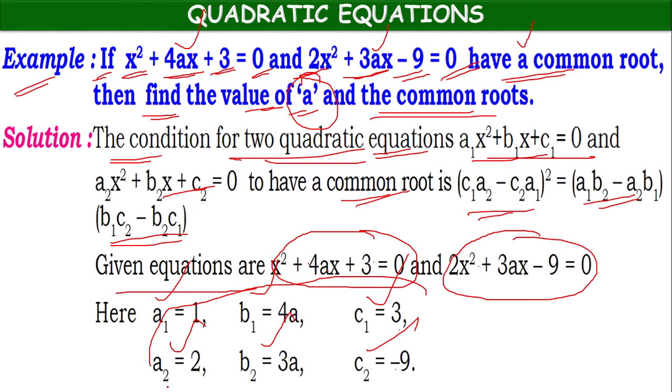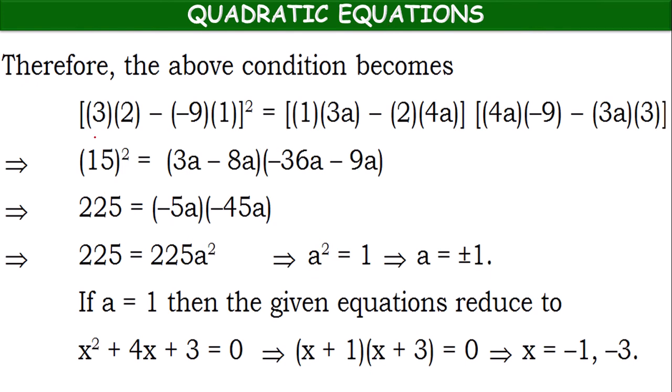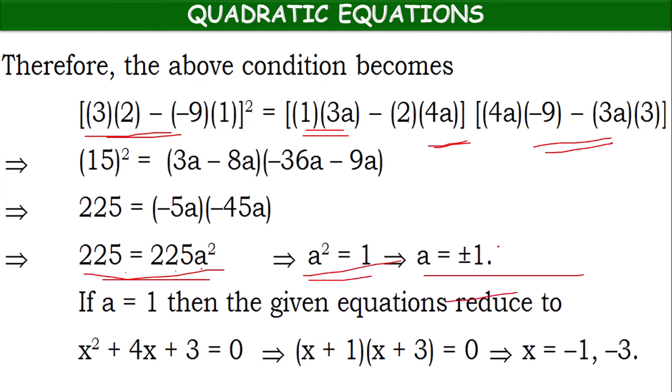If these values are substituted in this condition, after simplification we will get 225 equal to 225 a square, or a square equal to 1, or a equal to plus or minus 1. The value of a is either plus 1 or minus 1.